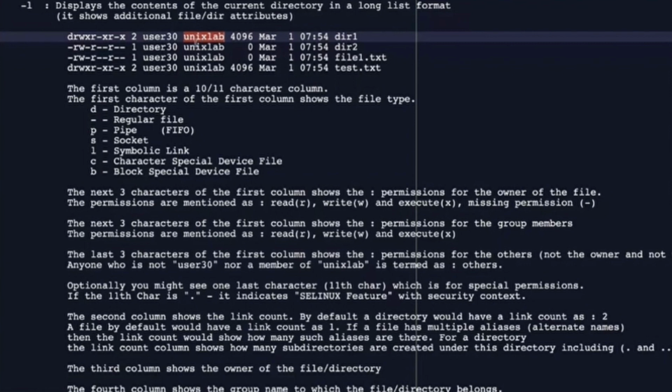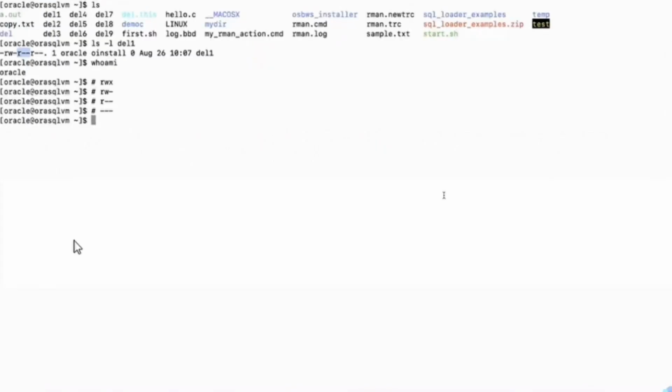And what they can do on this file is indicated by the next set of three characters, which is permissions for the group members.